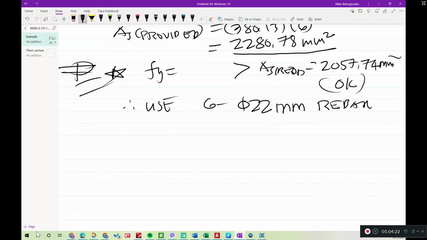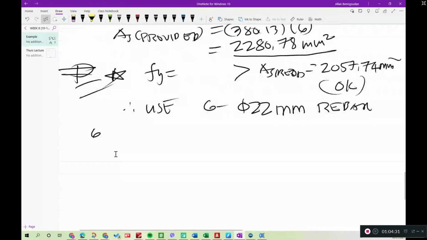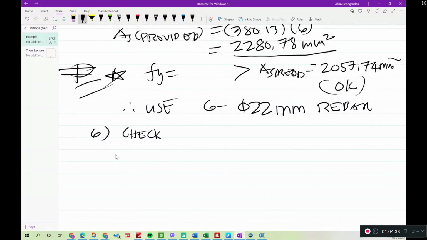So check number 6: check the axial load strength of the section.